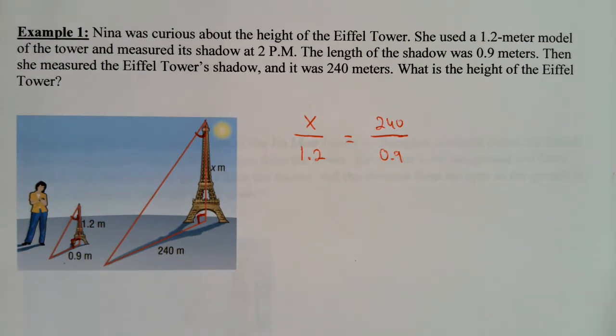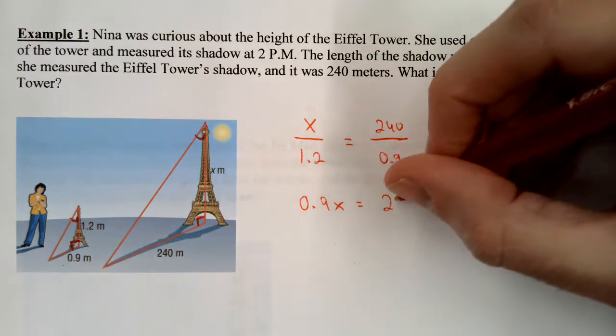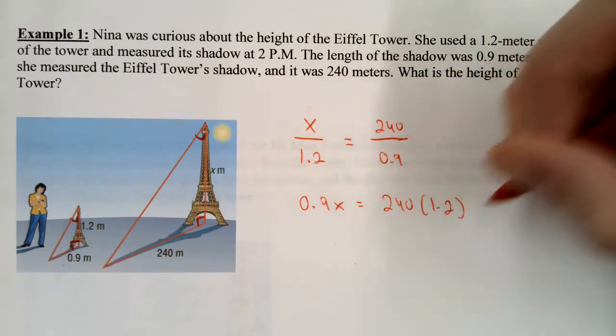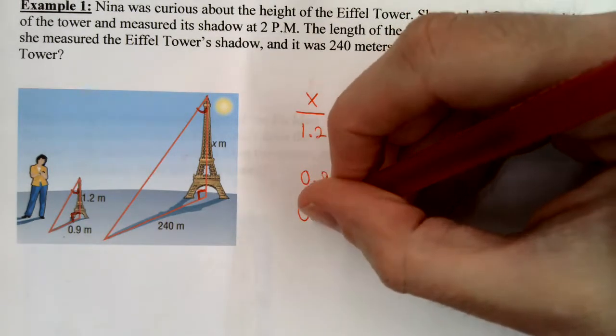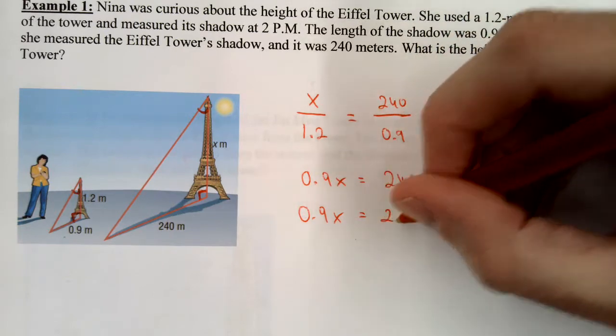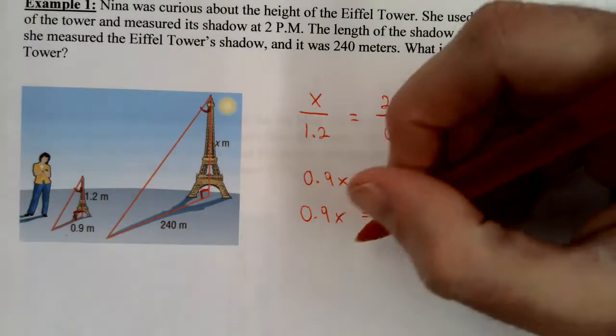Cross multiply and solve for x. 0.9x equals 240 times 1.2. 240 times 1.2 is 288. 288 divided by 0.9 gives you 320. x equals 320.